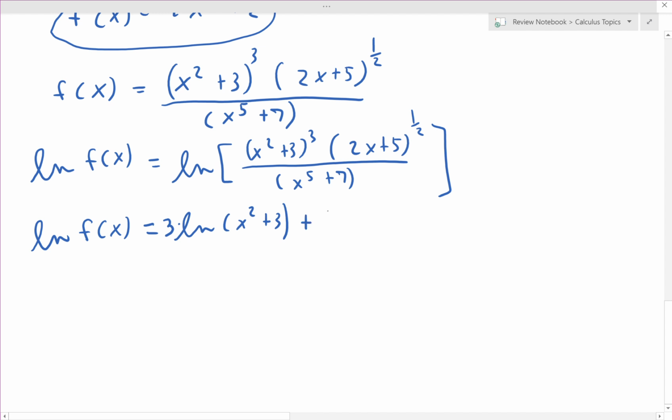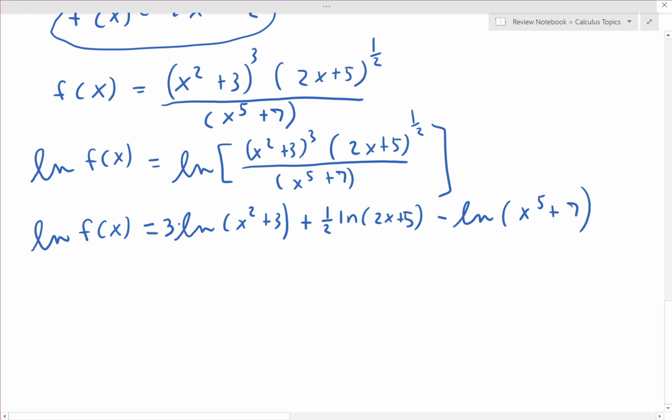Plus, we have 1/2 times ln 2x plus 5. And then we have to subtract what's being divided, ln x to the 5th plus 7.